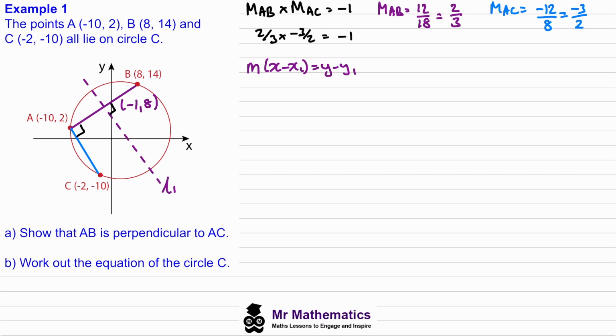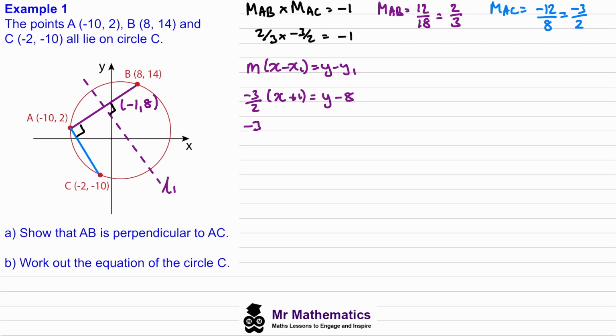And now we can substitute all of this into our equation. So the gradient is going to be the negative reciprocal of 2/3, because it's perpendicular to the line segment. So -3/2, lots of x minus x1, and minus the -1 becomes +1, will equal y minus the 8. We can tidy this up by expanding out the brackets and moving this 2 to the right hand side.